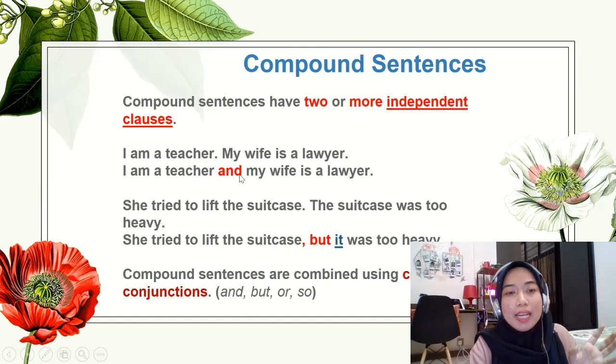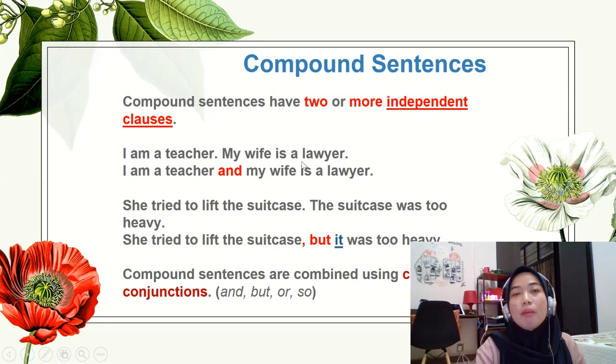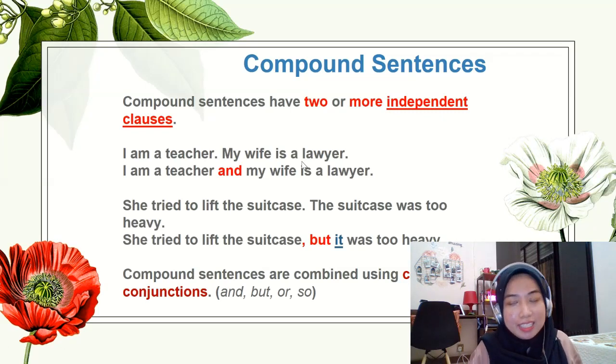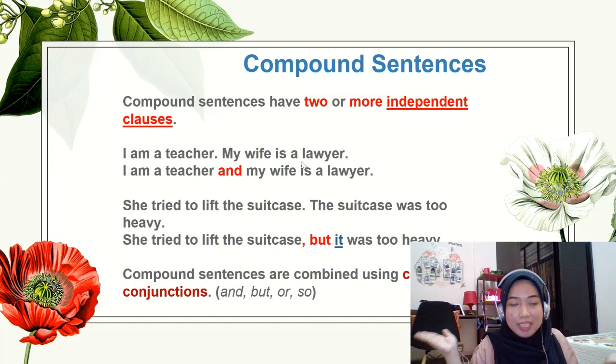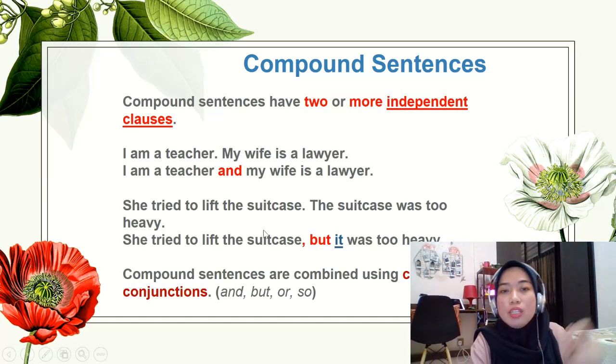So by combining "I am a teacher" with a special coordinating conjunction and with another independent clause, "my wife is a lawyer," and you put a full stop, the end. You have made a compound sentence. Easy, right? So it's something similar here. "She tried to lift the suitcase." This is an independent clause.